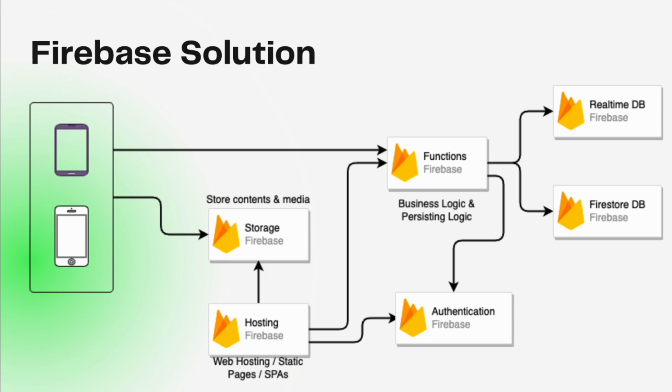And then the last one is hosting. Firebase provides a hosting option where you can host your websites, brand sites, static pages, and single page applications written using React, Vue, or Angular JS. So this is the high level architecture for your startup application using Firebase.